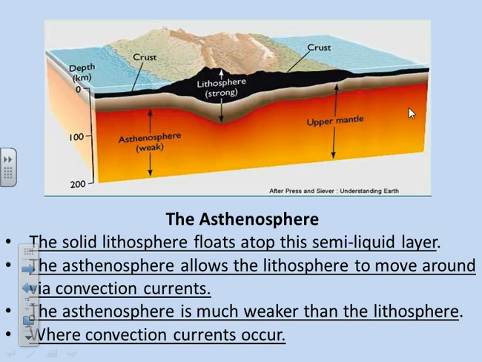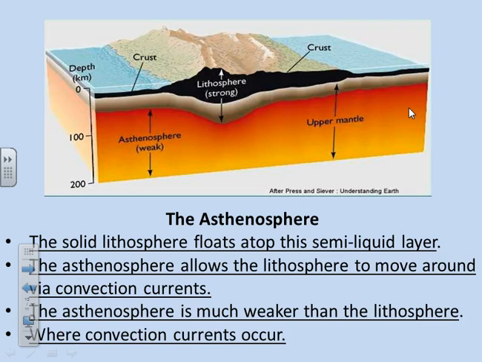So the asthenosphere is much weaker than the lithosphere because it is a semi-liquid layer. It's also where it's more hot. So that's where your convection currents that are actually moving the plates are located, in the asthenosphere.